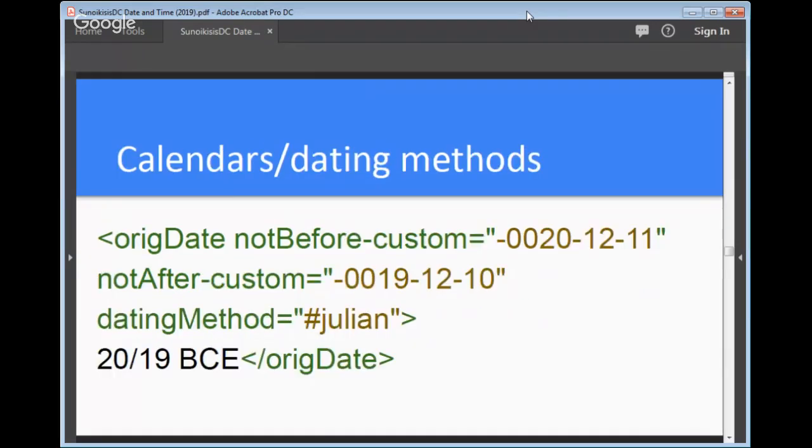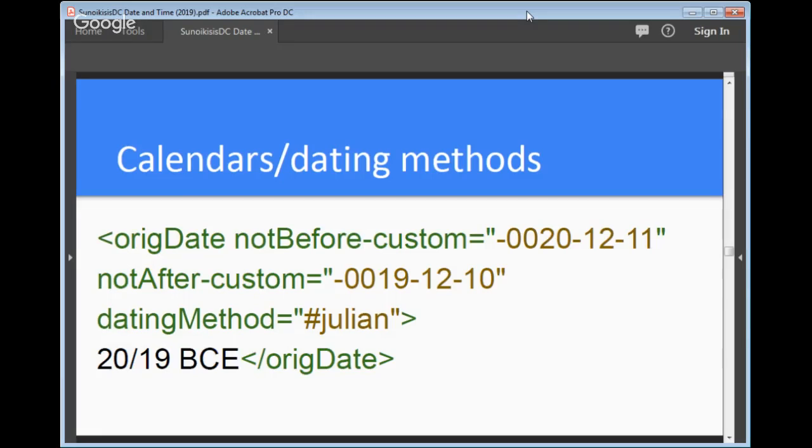So here's an example then of using the custom attributes. If I say that something happened in, and in the text we say it happened in 20 to 19 BCE, what we mean is, let's say we're talking about consular dating, it happened sometime in that consular year, that Roman consular year, which started on the 11th of December and ended on the 10th of December the following year.